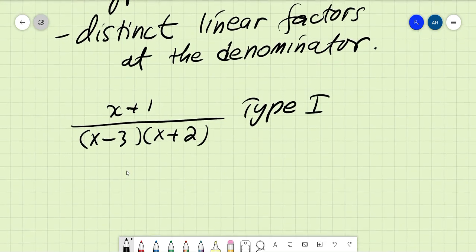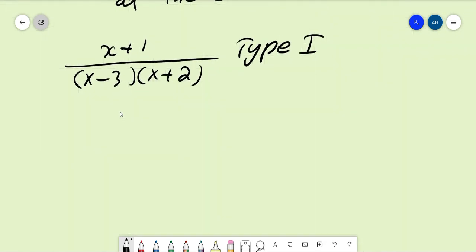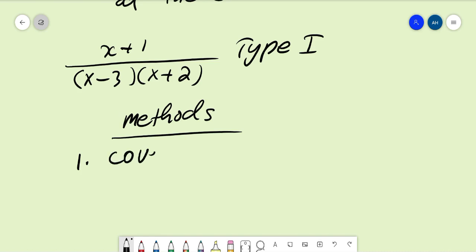And we are going to show 3 ways how to do partial fraction for type 1. These are the methods that we are going to learn in this video. Number 1, by using what we call the cover-up method.